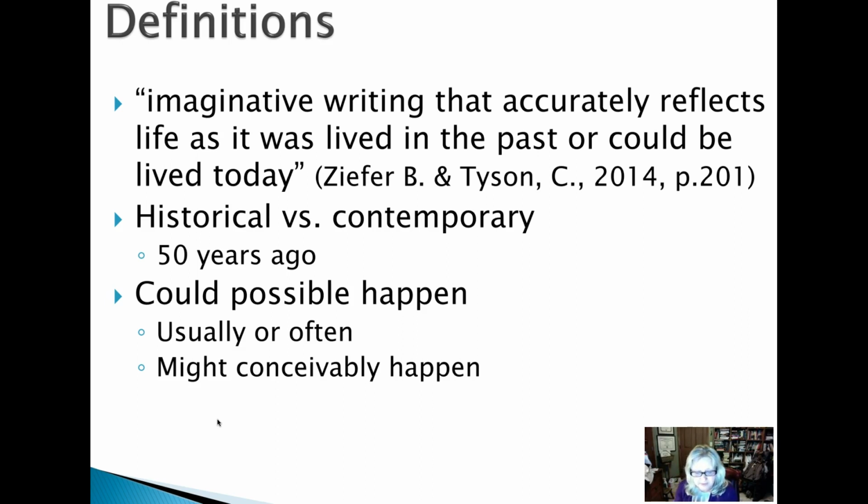Or things that may have happened once or could possibly happen, winning the lottery, or something very unusual with a lot of coincidences that you wouldn't expect to happen, but within a realistic setting and without the intervention of magic, or some kind of technological advance, which would put it into the realm of science fiction or fantasy or magic realism, could possibly happen.